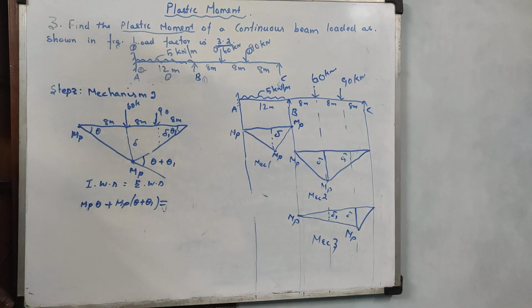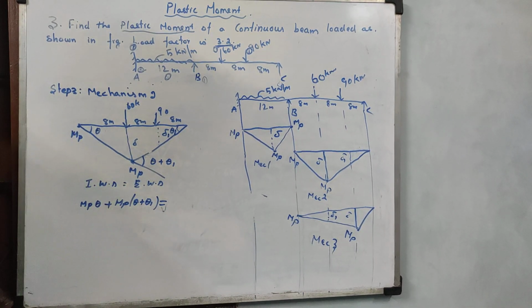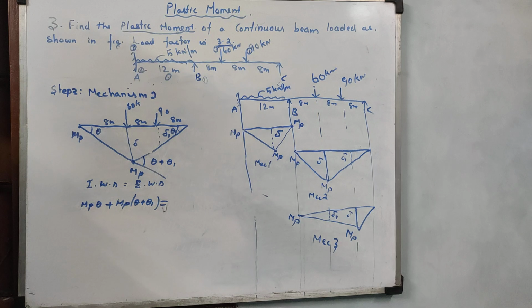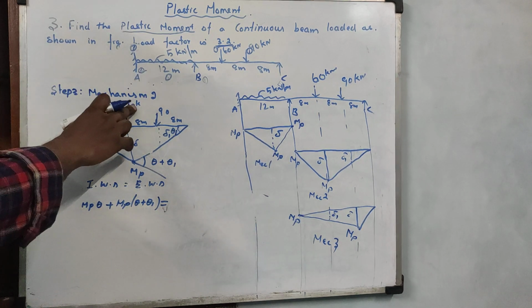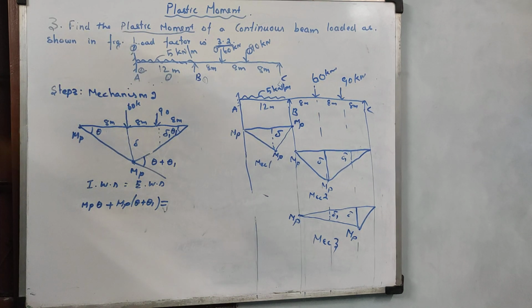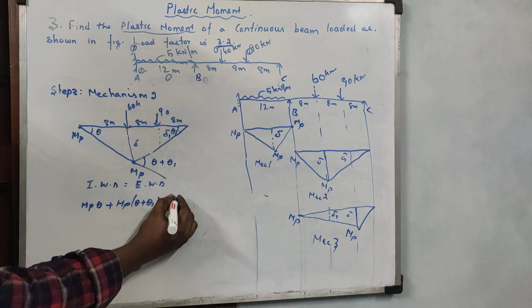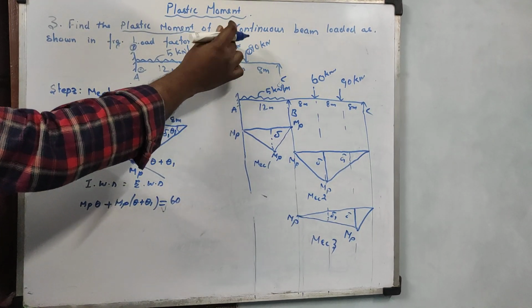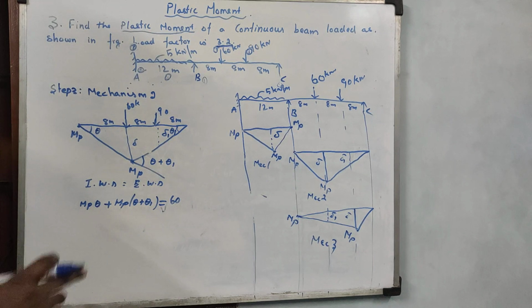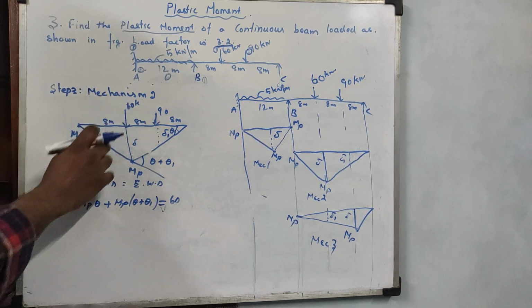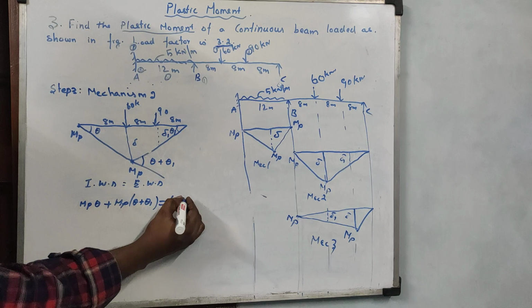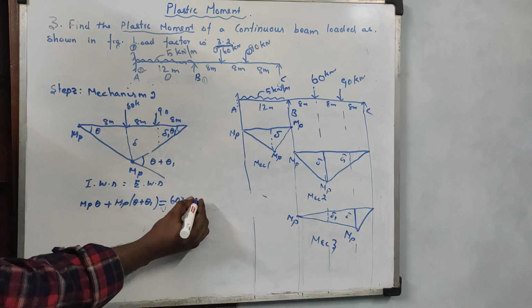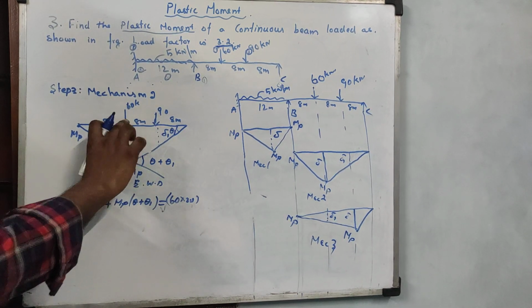And external work done is load into deflection under the load. Here there is a load 60, and note this, if load factor is given, we have to multiply the load with the load factor 3.2 into deflection.